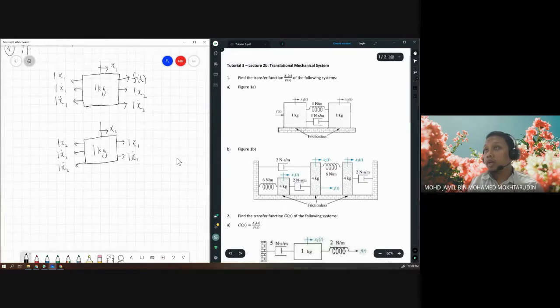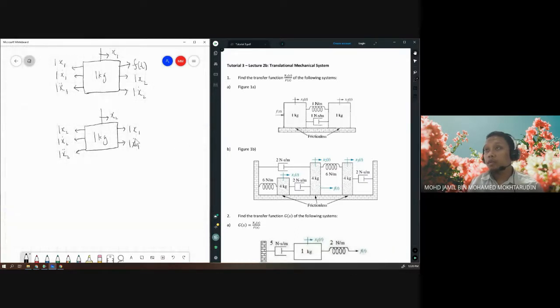Now you can write the equation of motion for both free body diagrams. From the first free body diagram, we have x1 double dot plus x1 dot plus x1 minus (x2 dot plus x2) equals F. So force backward equals force forward.